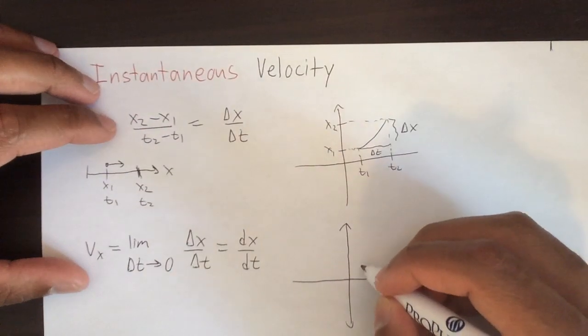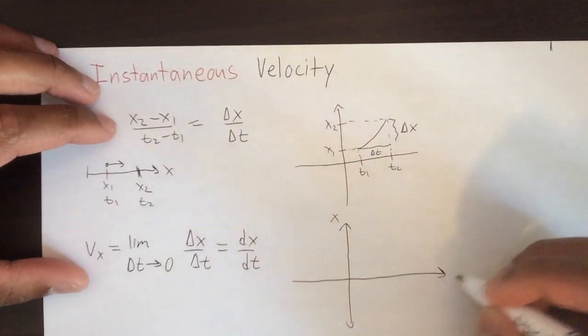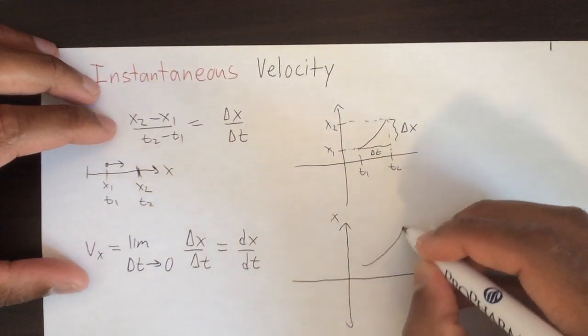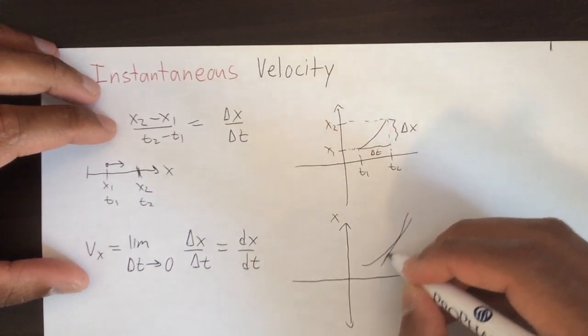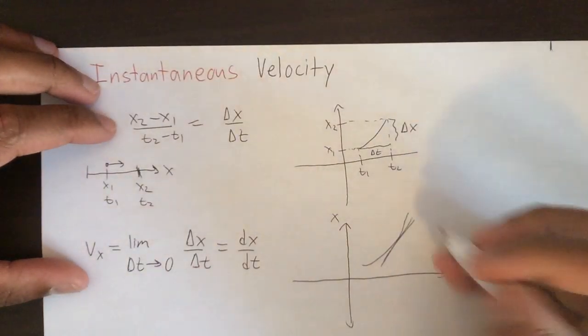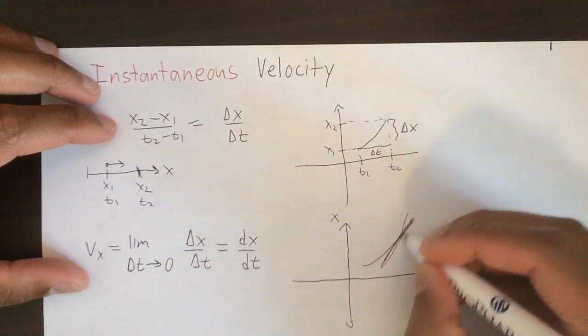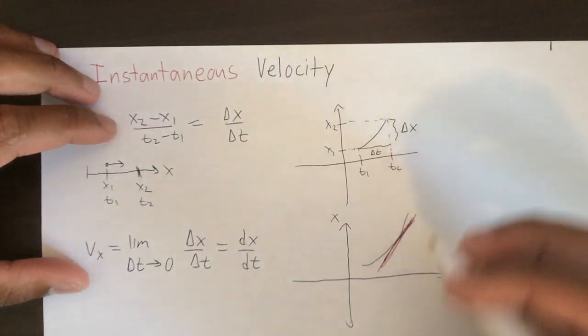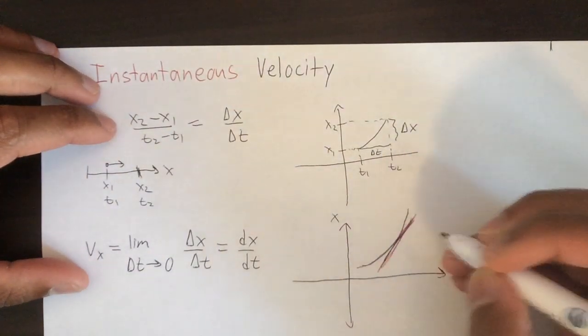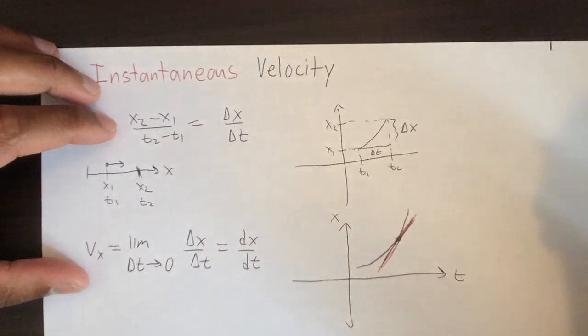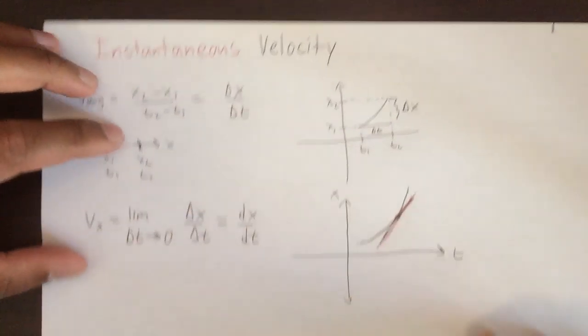So if you think about it, if there's this x and t, it's kind of like saying that at this point here, there's a slope. I'll use a different color. There's a slope here, and you have a graph here that's like this, and at this point here, there's a slope. Let me just do that again.